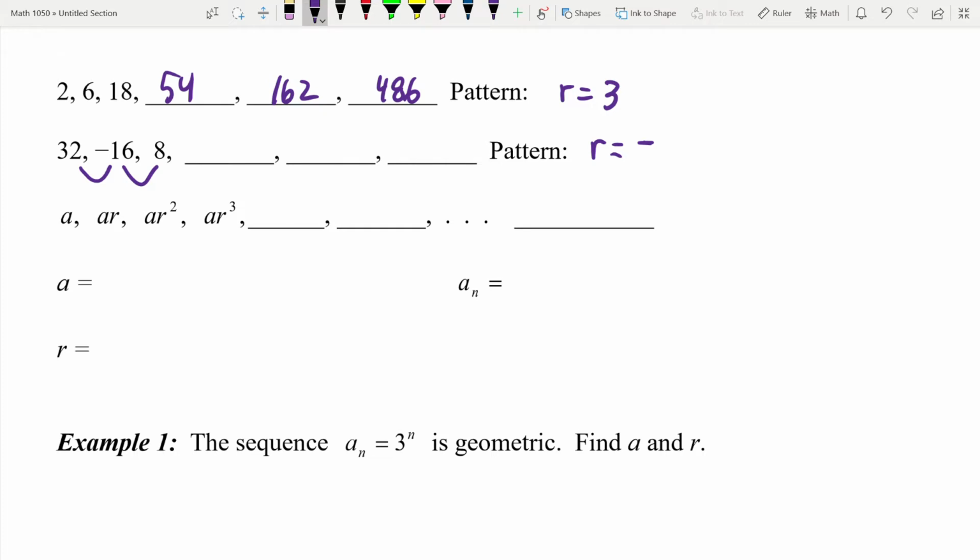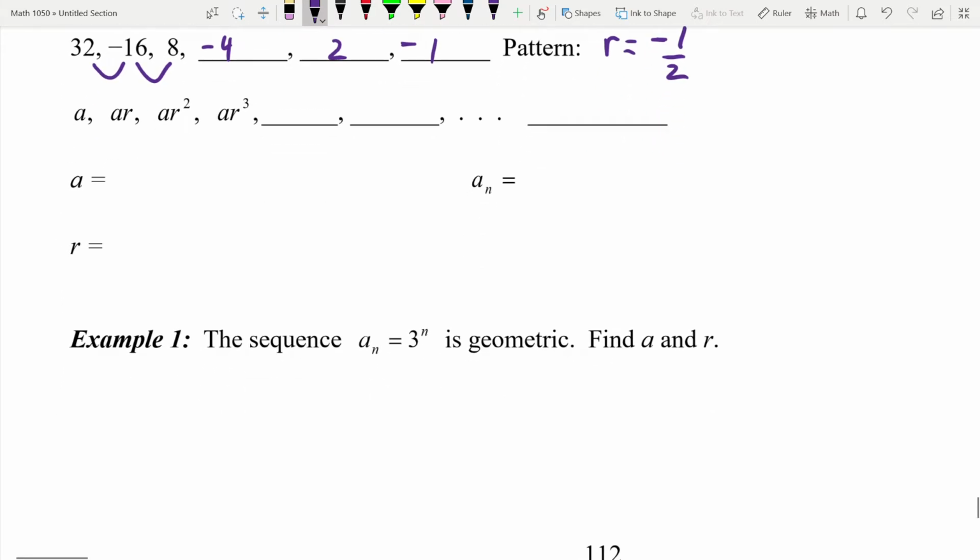You're dividing by 2, right? The next ones would be 4, then 2, then 1, but the signs are going to alternate, so those would be negative. But you can't say divide by 2. Dividing by 2 is the same thing as multiplying by 1/2. So your R is negative 1/2.